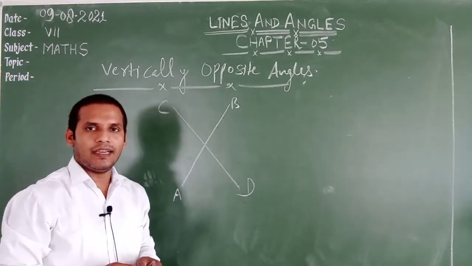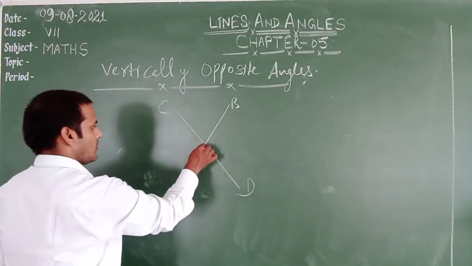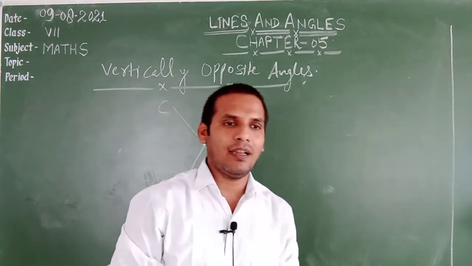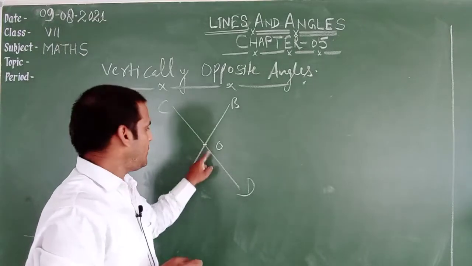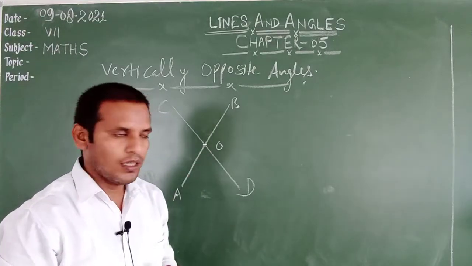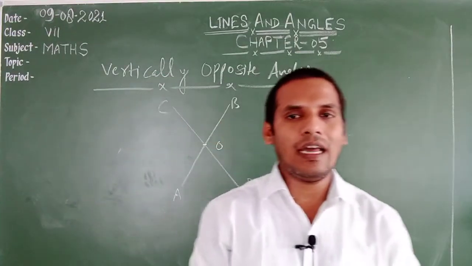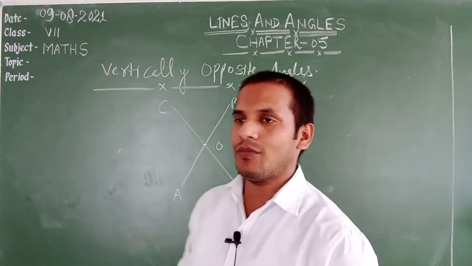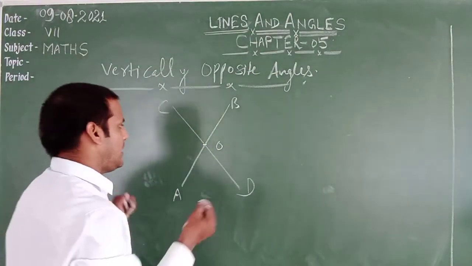If two straight lines cross each other at a single point O, this point is known as the intersecting point. Then their vertical opposite angles are equal.